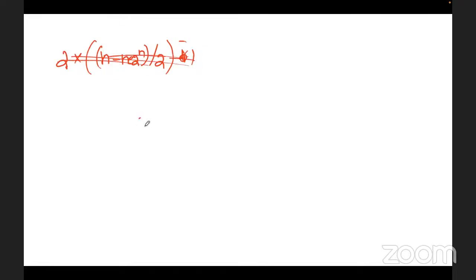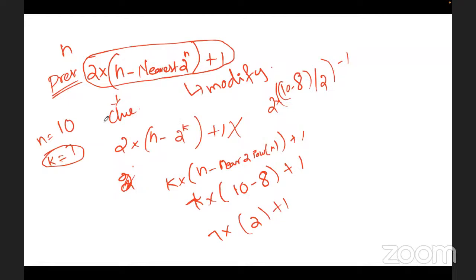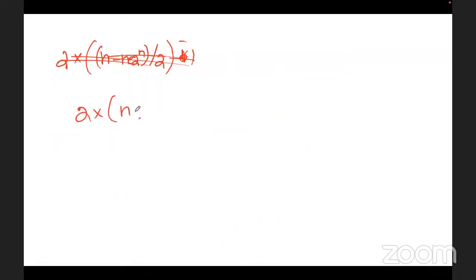So what the previous formula is: 2 into n minus nearest 2 power of n plus 1. Okay, so here, 2 into n minus nearest power of n plus 1 is right. Why I am taking multiplication of 2 is nothing but here I am passing the knife. It may or may not exceed. If I pass the knife, you are skipping one value, right?